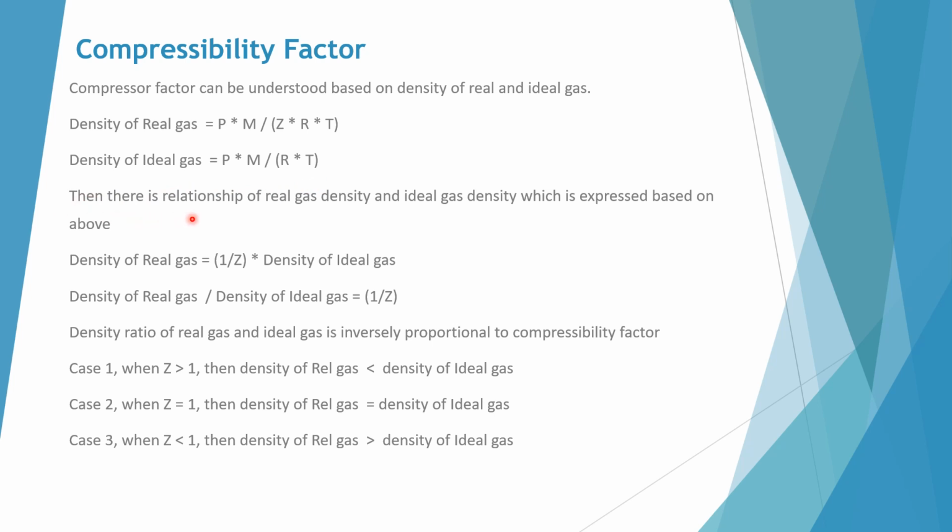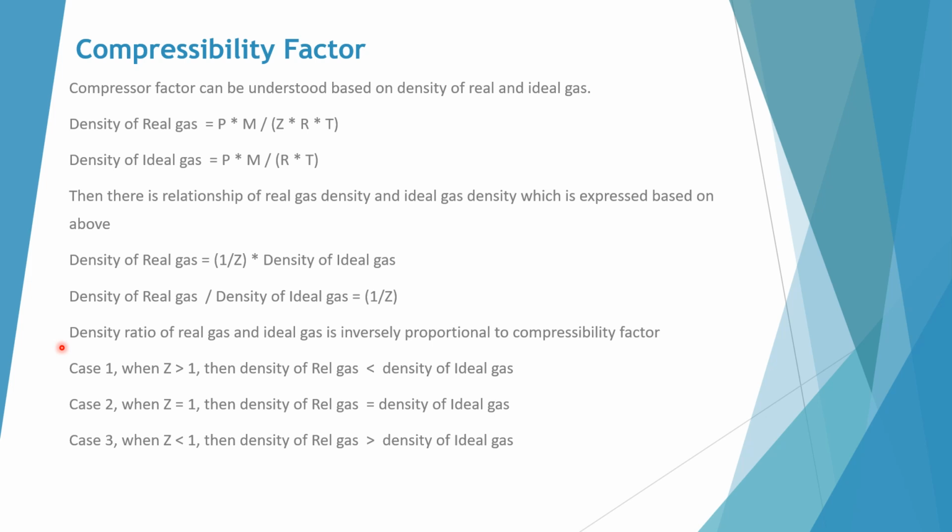Then there is a relationship of real gas density and ideal gas density, which is expressed based on the above two equations. So density of real gas is equal to 1 by Z into density of the ideal gas. So we can write density of the real gas upon density of the ideal gas is equal to 1 upon Z. Z is the compressibility factor.